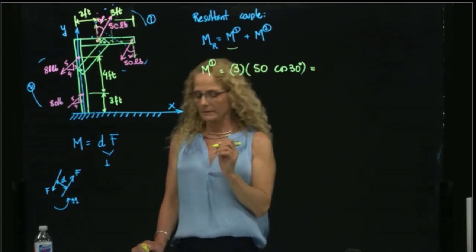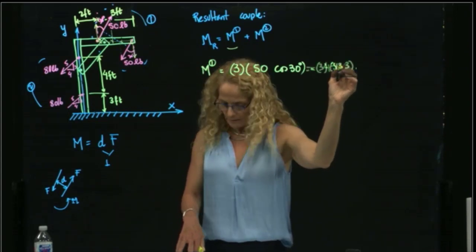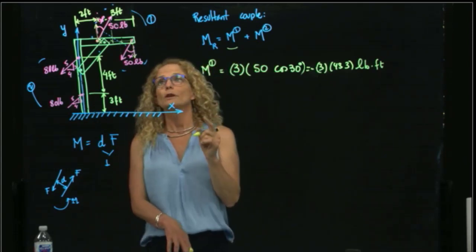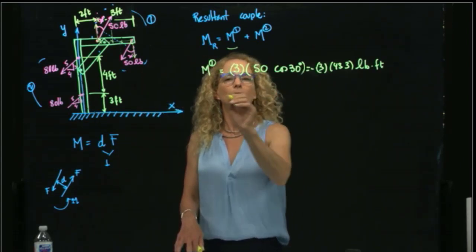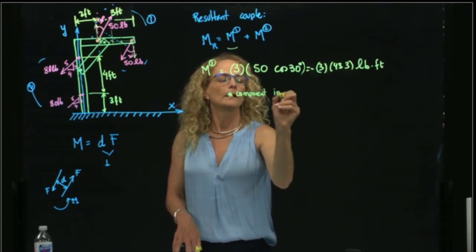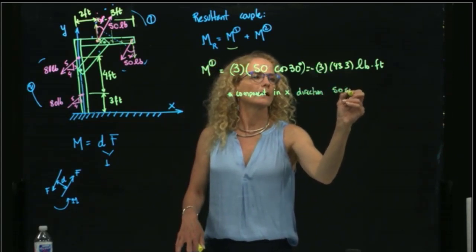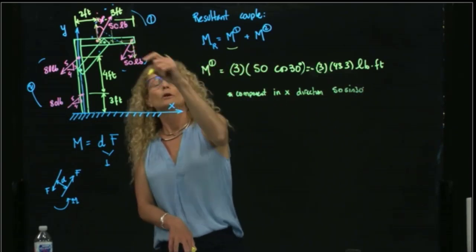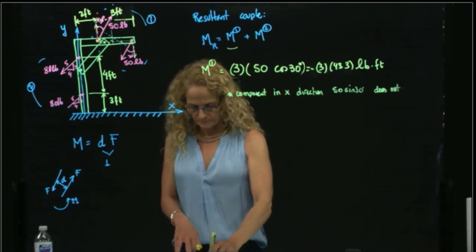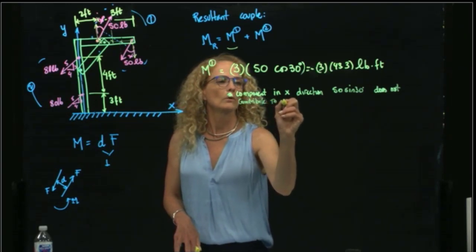And that gives me a value of 43.3 pounds per feet. As I said, the component in x direction, which will be 50 sine of 30, does not contribute to moment.